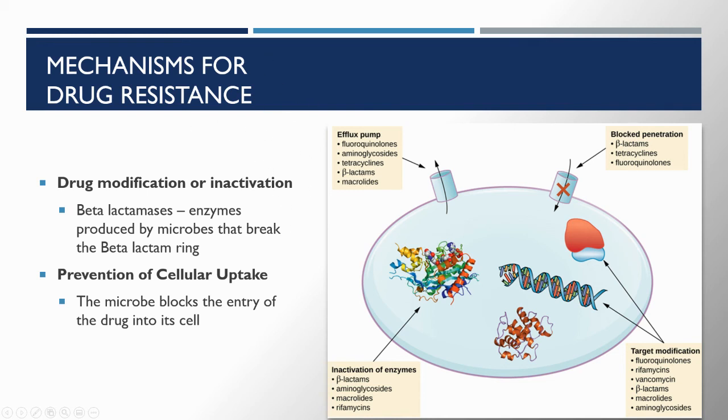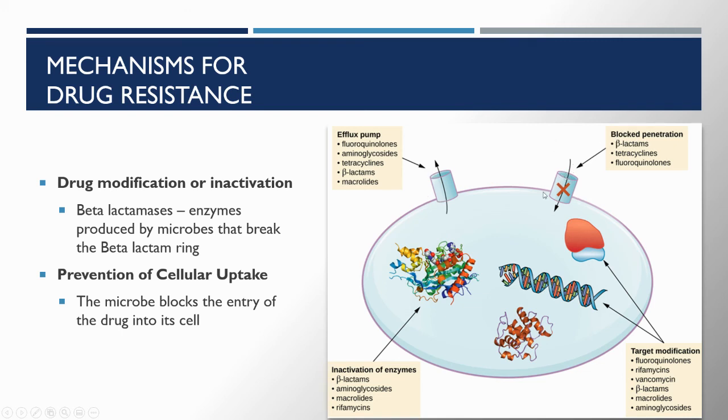Some of the mechanisms that bacteria use to become resistant: beta-lactamases are enzymes that break the beta-lactam, the central component of penicillin. If they break that down, the antibiotic no longer prevents them from building cell wall. They can block the entry of a drug into a cell.